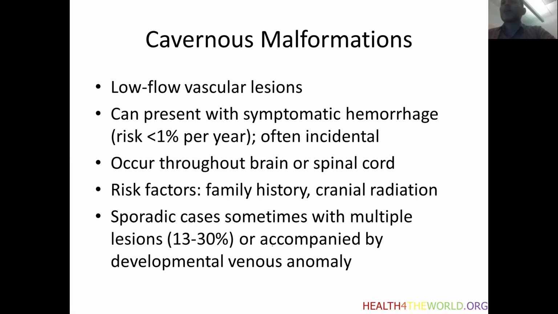In children with sporadic cavernous malformations, between a quarter and a third have multiple lesions, that is more than one cavernous malformation. Sometimes these lesions are accompanied by a developmental venous anomaly, another type of vascular malformation, which is thought to have a relatively low risk of rupture or symptomatic presentation.